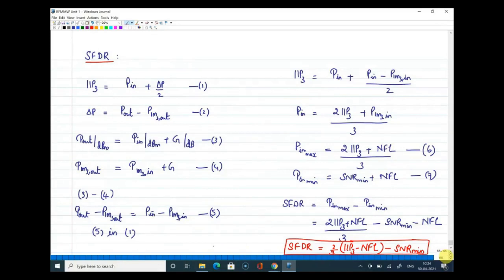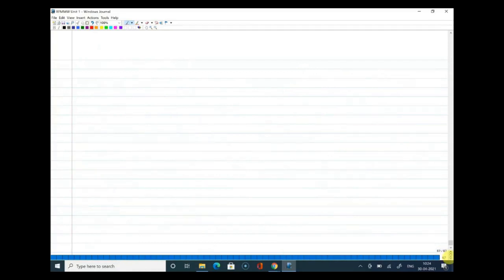So we will come back and solve certain numericals related to this SFDR, noise floor level, and IIP3. Before that, we'll quickly go through the noise figure part, another issue in RF circuits. So let us quickly go to noise figure calculations, because this is important to estimate the noise figure of any circuit.